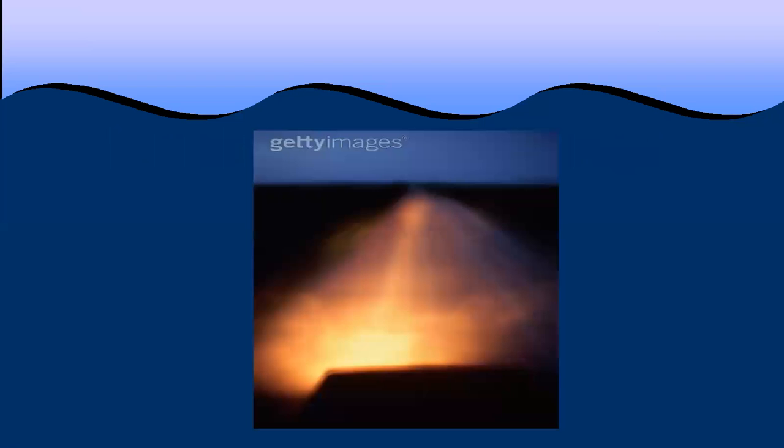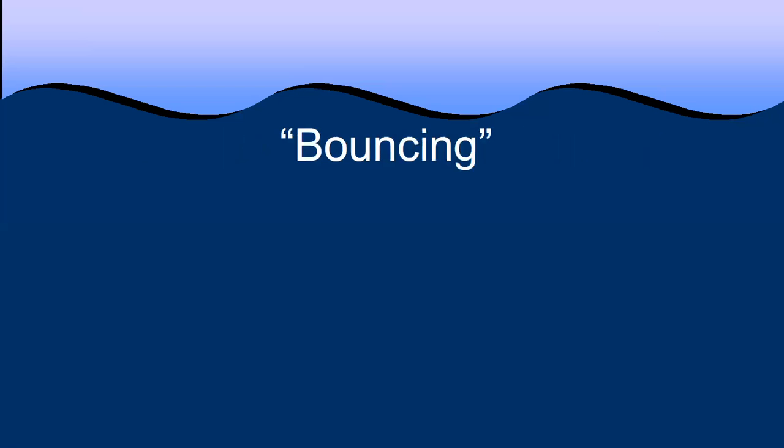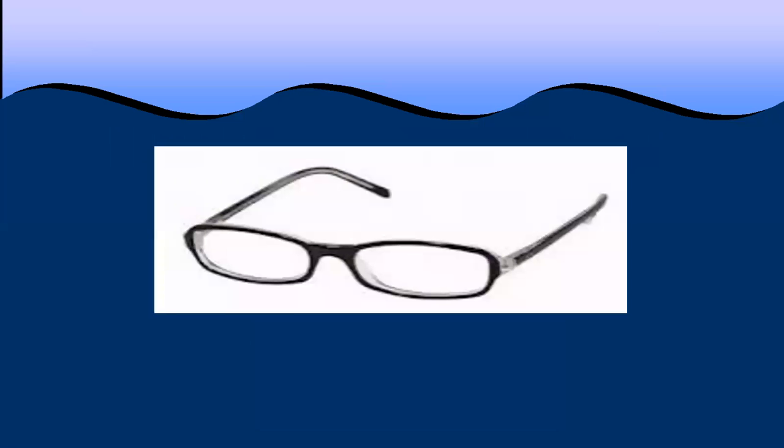What is a picture of? This is diffusion. This is when light passes through a cloud and is focused on a certain area. Bouncing. This is the behavior of reflection. What does this do?